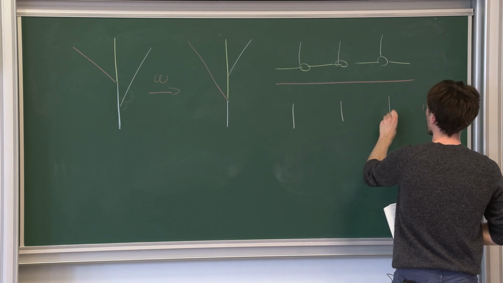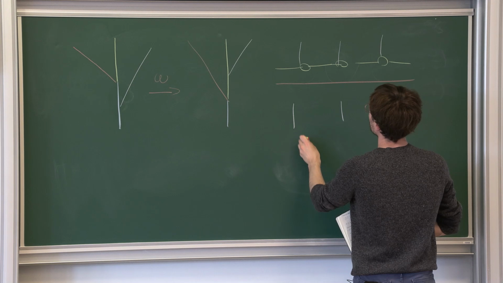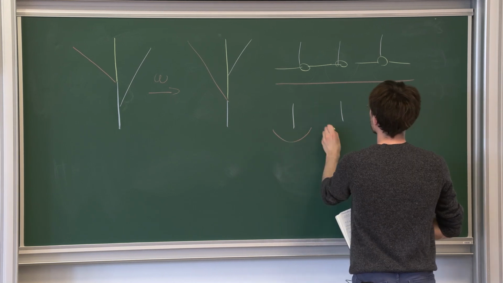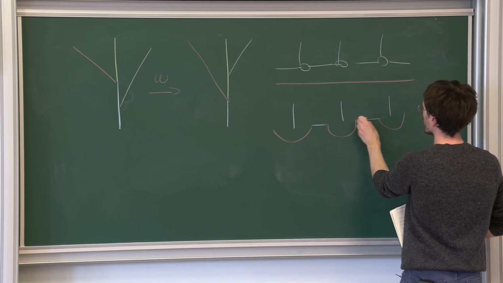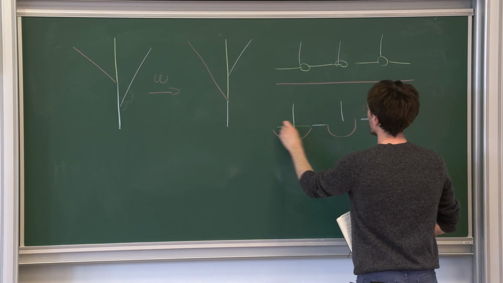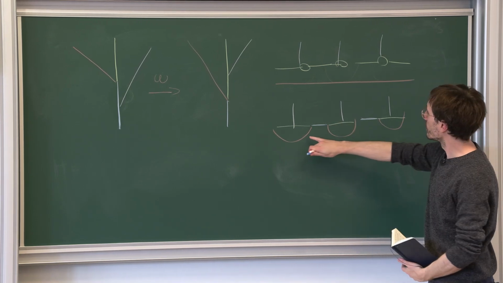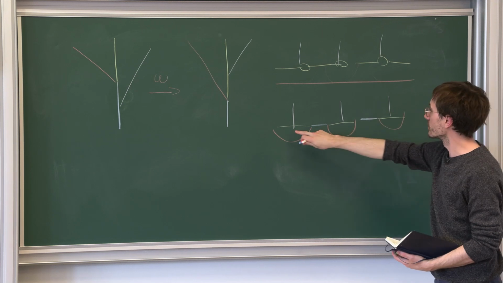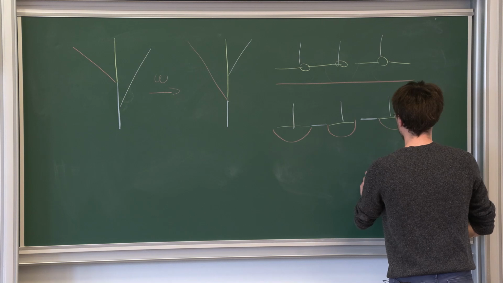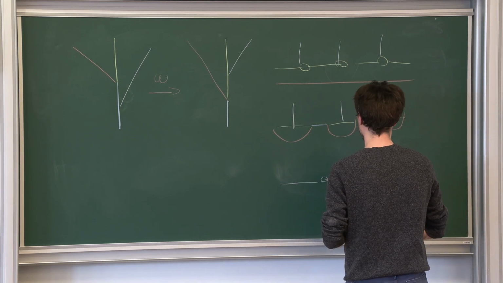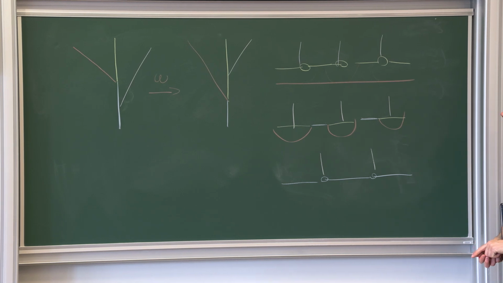So here, this is the result of the action. I have this new color, and now I have the previous one. As I pull my red lines through the white lines, it's going to be all blue everywhere. And so eventually you get to something that looks like this, where it's all blue.